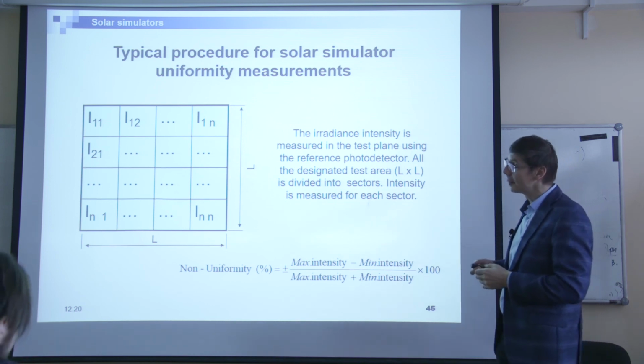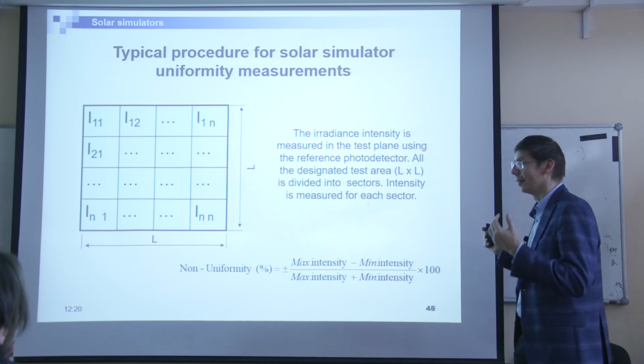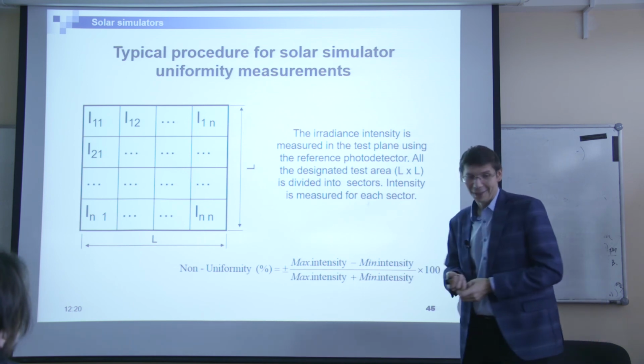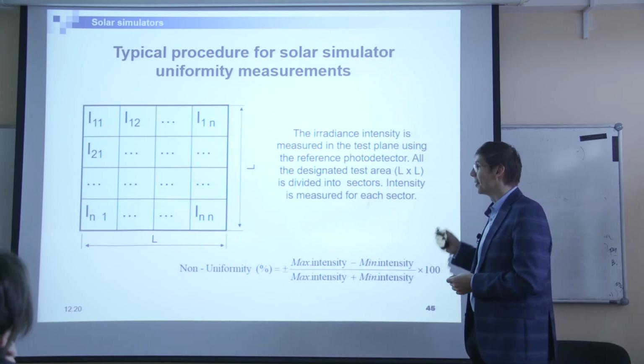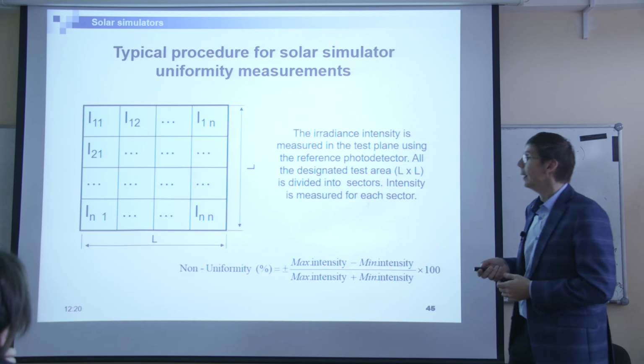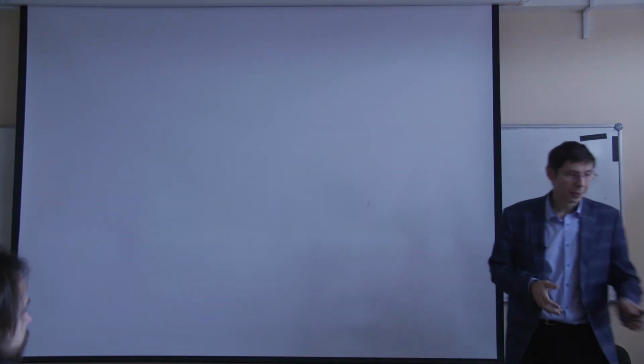If it's not the case, you can call the producer and say, okay, but your device is not really as nice as you told. So concerning the solar simulator, for this part, that's all.